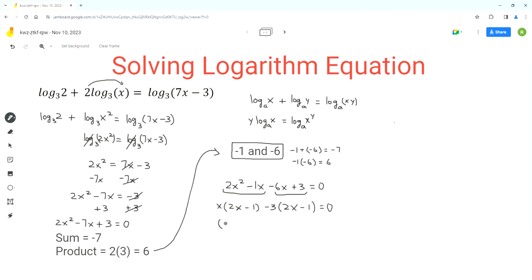So we get 2x minus 1 times x minus 3 is equal to 0. So now the factoring is complete. Now we get two cases. So we set each factor equal to 0 and then solve for x.